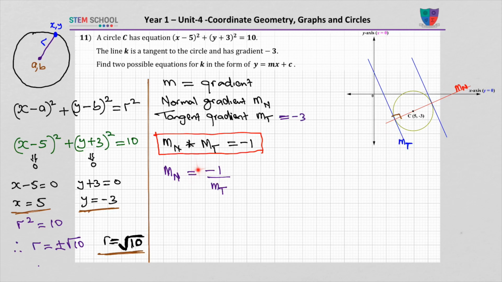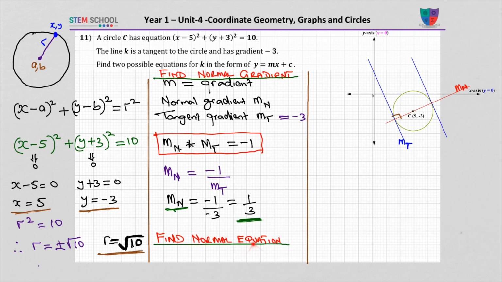If I rearrange this equation, dividing both sides by m tangent, the normal gradient is −1 over m tangent. Therefore it is −1 over −3, which is 1/3. So the normal gradient is 1/3.